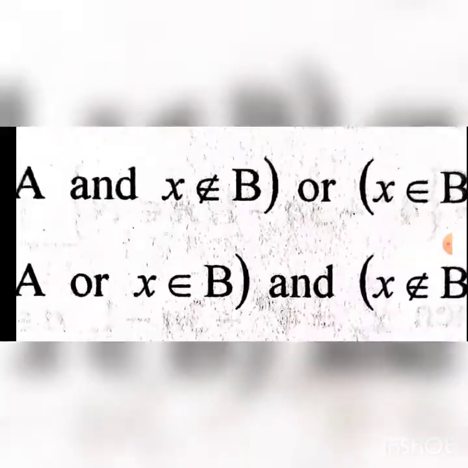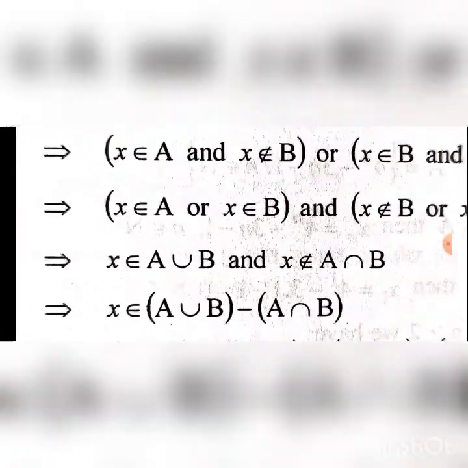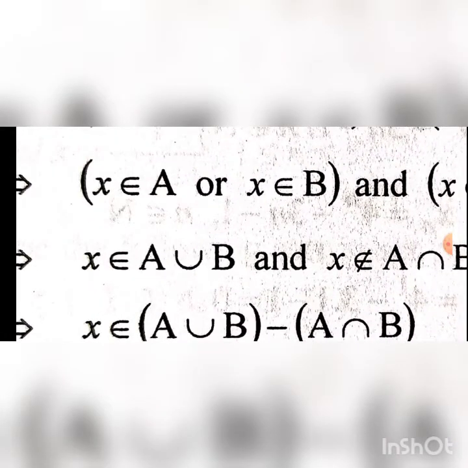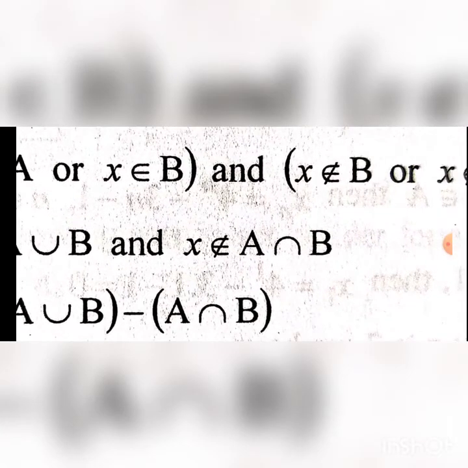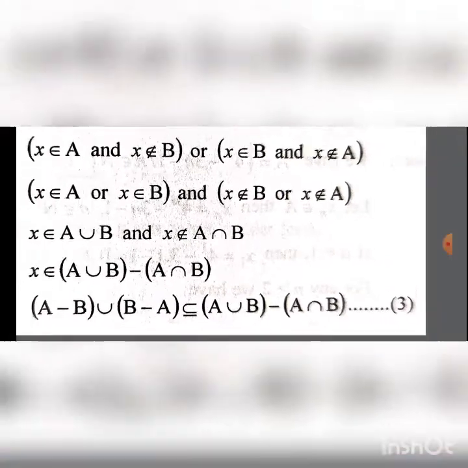So what will be remaining in the first set? x does not belong to B, and in the second set x does not belong to A. So what will the second bracket be? x does not belong to B or x does not belong to A. So what is meant by the first bracket? x belongs to A union B, and what is meant by the second bracket? x does not belong to A intersection B.